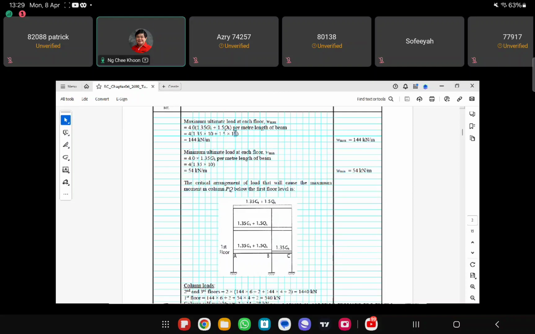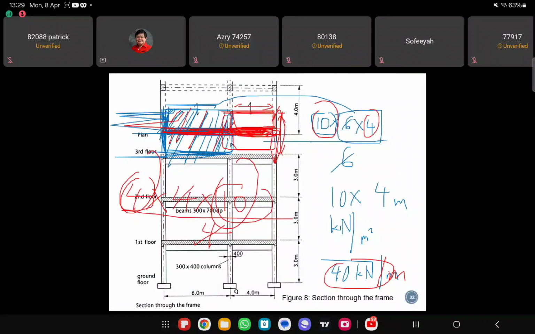And then for the QK, for the live load, also the same thing. Still the same area. It's just that QK is 15 kilonewton per meter length. So this one becomes 15. This one becomes 15. Okay, so it's not 40 anymore, right? This one is 60 already.